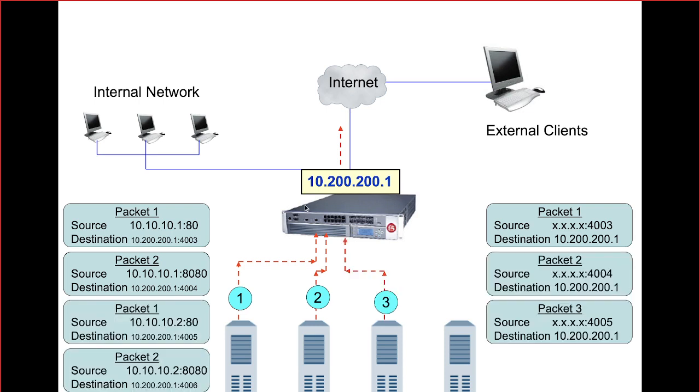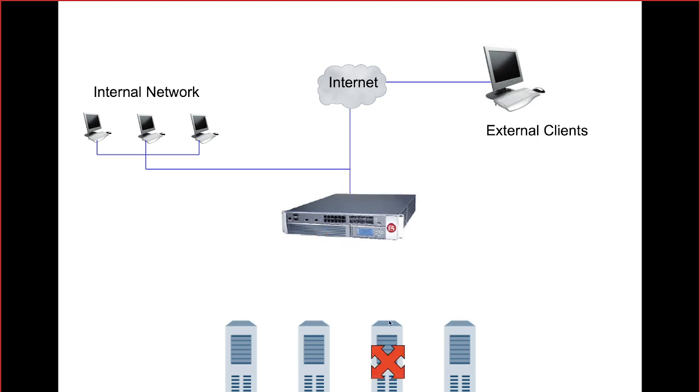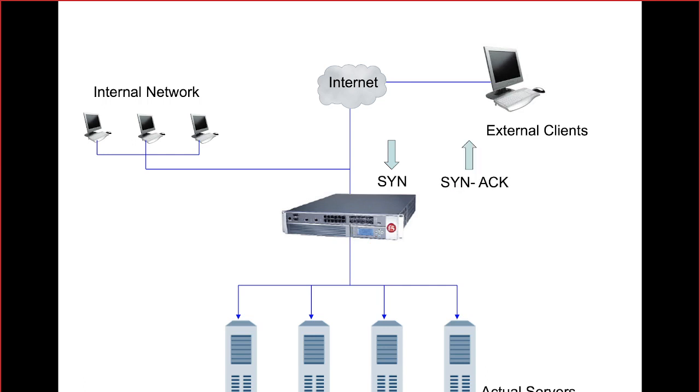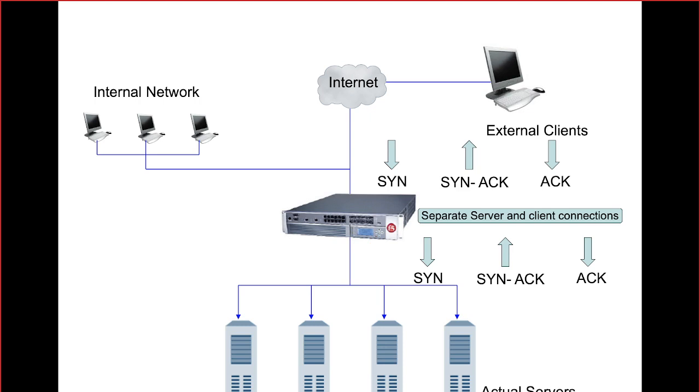For any reason, if any one of the servers fails, now what happens? The requests are going to be forwarded to the available members. That's the point you need to remember over here. Okay. The SYN is being forwarded to the clients. So it's a full proxy. You have 2 different connections.